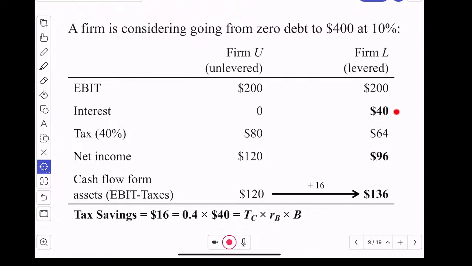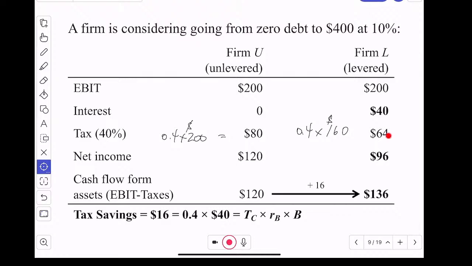Now, taxes will be 40% of 200, or $80. For the levered firm, taxes will be 40% of 160, because the interest payments are tax deductible.